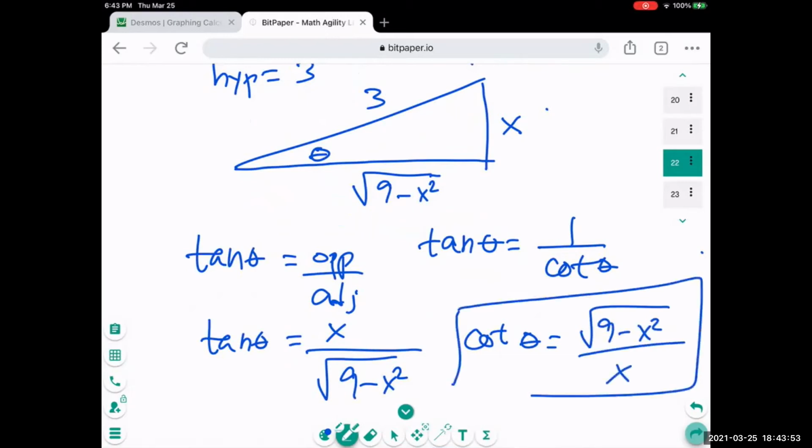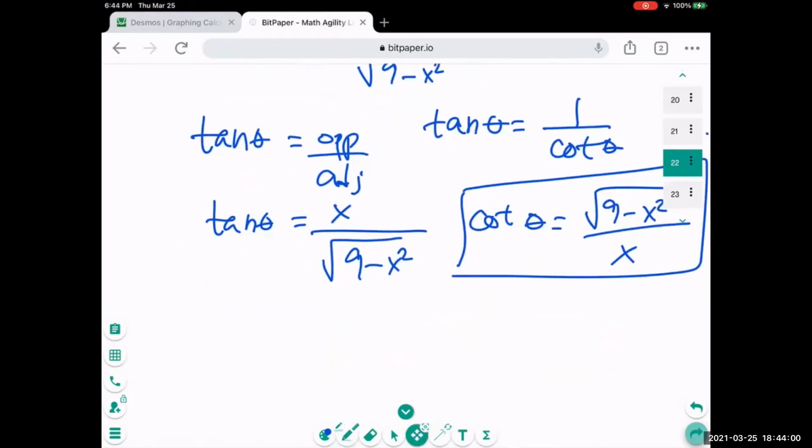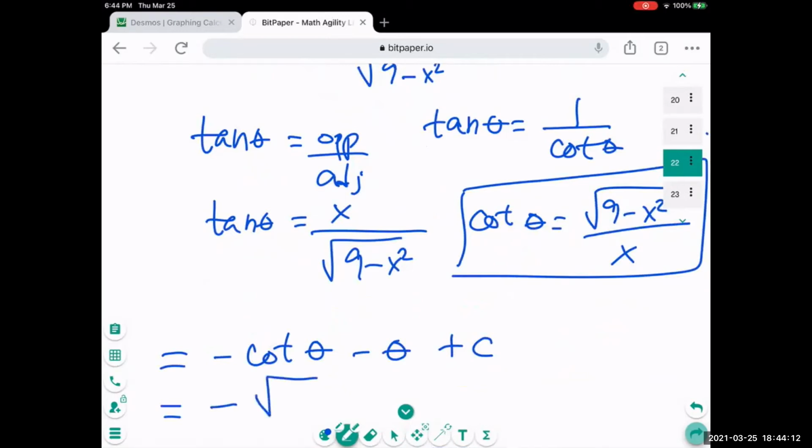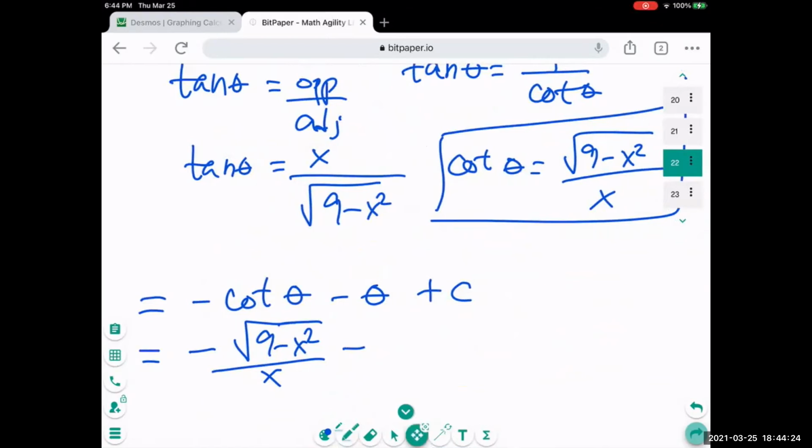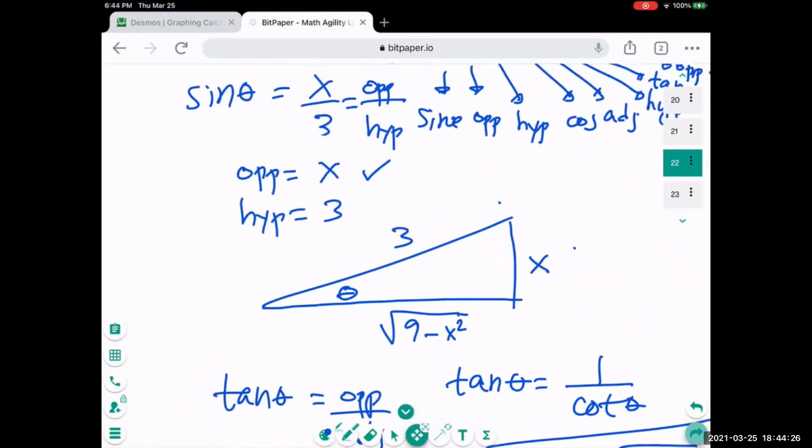So now we have the value of cotangent theta. So sabi natin our answer is negative cotangent theta minus theta plus c. So we have reverted back to original variable. So negative square root of 9 minus x squared over x. But what is theta? So paano natin aalisin yung theta dito sa second term and put it back into our original variable, which is x.